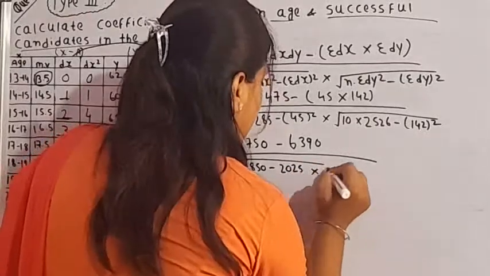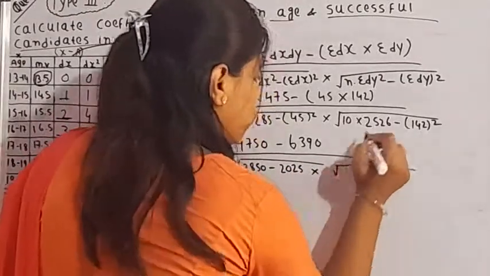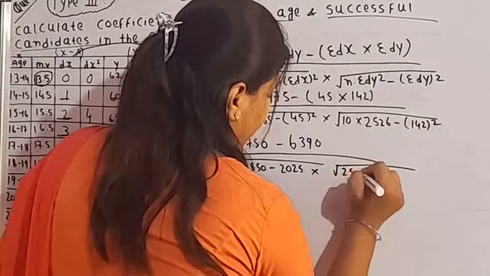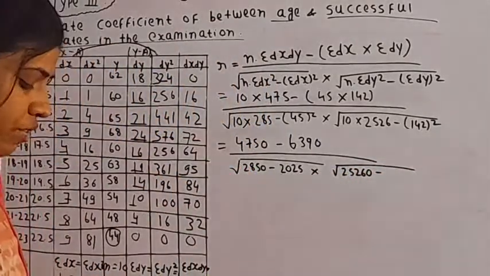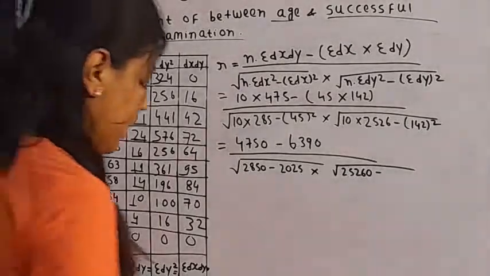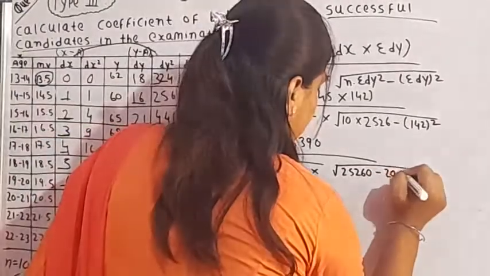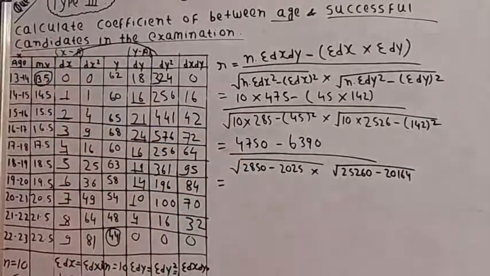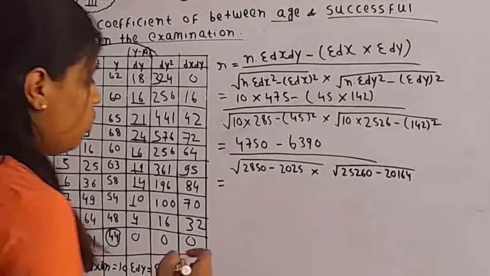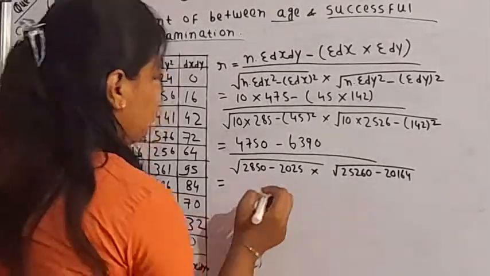Then another under root, 10 into 2526, 25260, minus 142 square, 20,164. Okay, then 4750 minus 6390. So it would be 1640, minus 1640. Why?